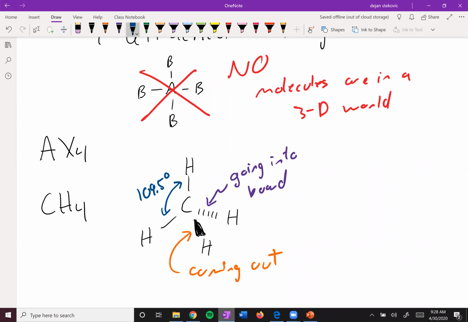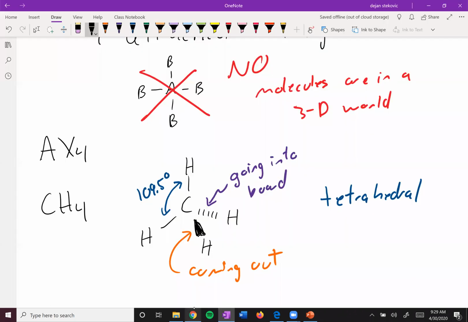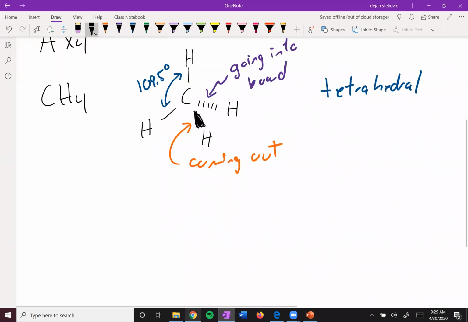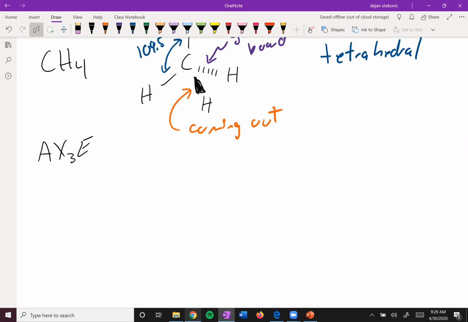And again, this is called tetrahedral. And since we have no lone pairs, both the molecule geometry and the electron geometry are classified as tetrahedral, right? But now what we can do is replace one of these atoms with a lone pair and get this formula of AX3E, where we still have 4 attached things, but now 3 are atoms, 1 is a lone pair. So this is ammonia, NH3.